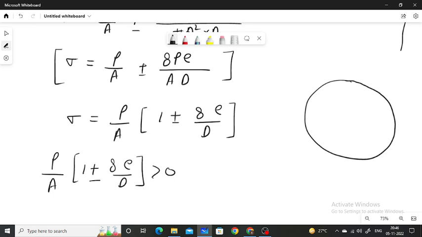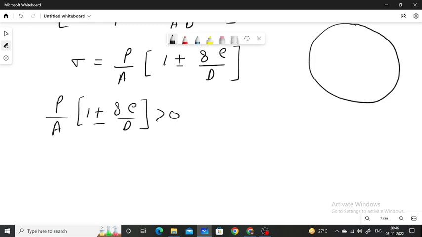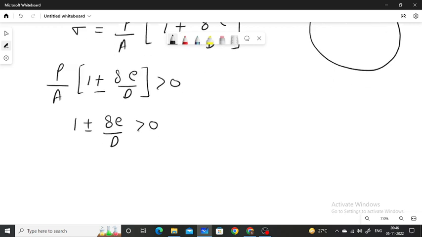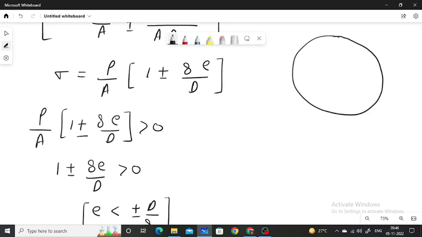From here, 1 plus minus 8E/d greater than 0, or if the eccentricity is less than plus minus d by 8, in that case the magnitude of the stress from the above equation will always be positive.